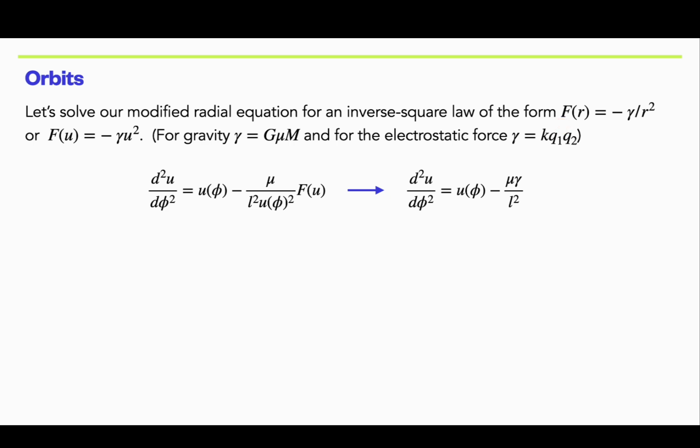So the force is going to be minus gamma u squared. When we plug this in for the force, this u squared cancels that u squared in the bottom. So this term here just becomes mu gamma over L squared. There are no u terms here. And in fact, this is why we did the substitution, so that this is just a constant term.